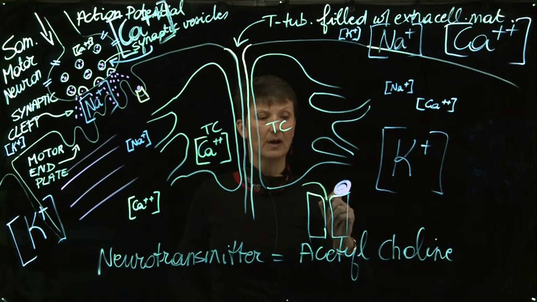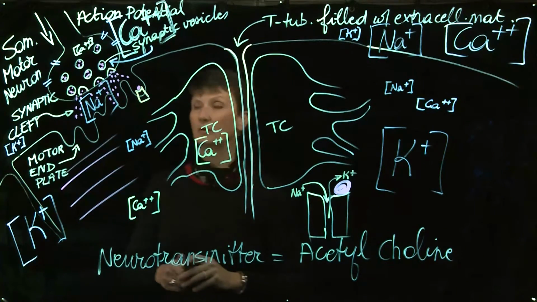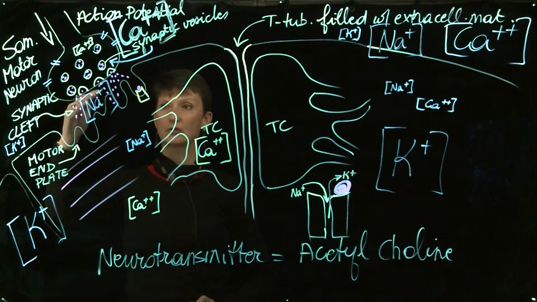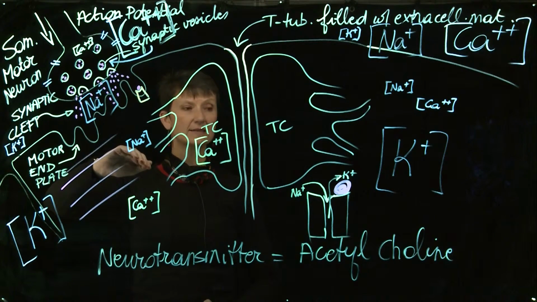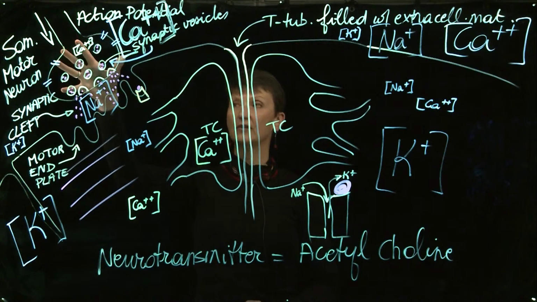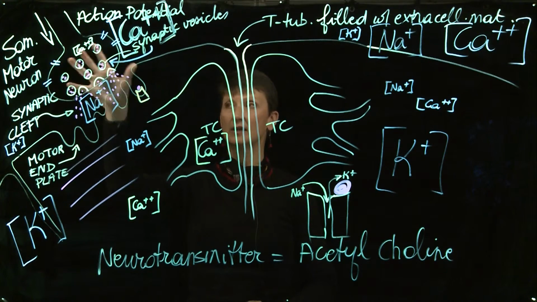So our calcium concentration outside our muscle cell is much higher than in its sarcoplasm. But if we compare the concentration of calcium in the terminal cisternae with that of the sarcoplasm, the terminal cisternae is much higher. And remember, ions always follow their concentration gradient.